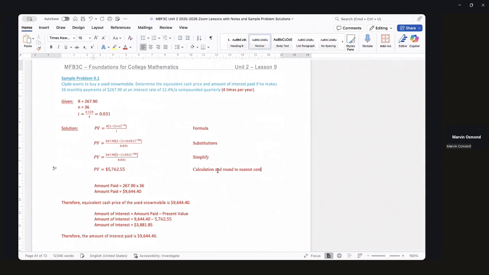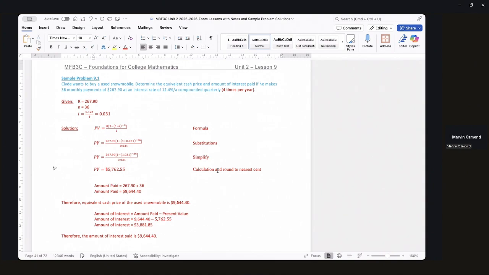Okay, so that's how much you would be borrowing today if you're making a $267.90 payment for 36 months. Now, if I make 36 payments of 267.90 times 36, I'll get $9,644.40.